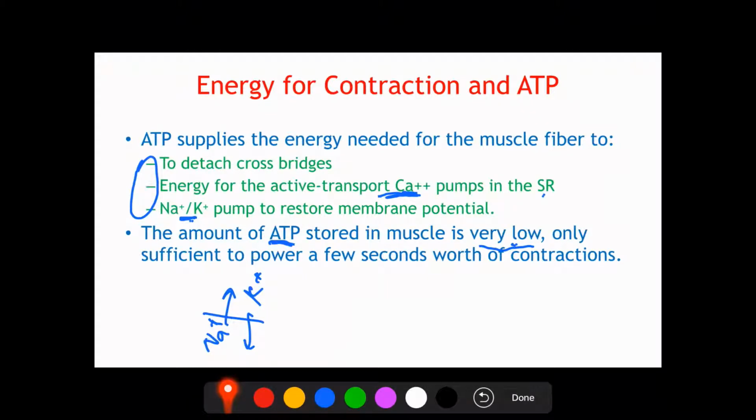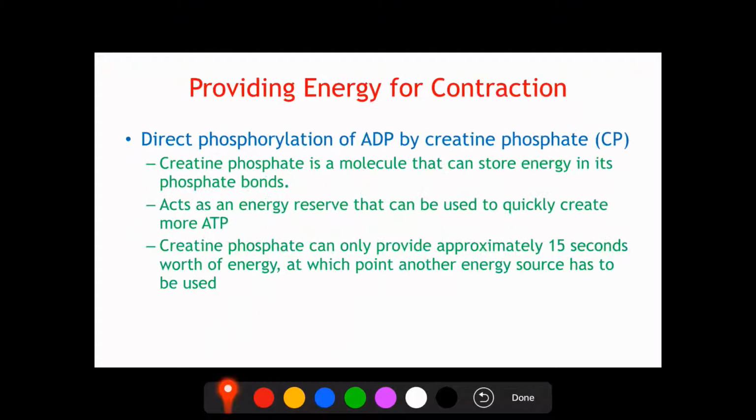a lot of ATP. Now, of the ways of producing ATP in the muscle, there is a direct way, by phosphorylating ADP with creatine phosphate. Think of it as an enzyme, a kinase that will add an inorganic phosphate to the ADP and make it ATP.